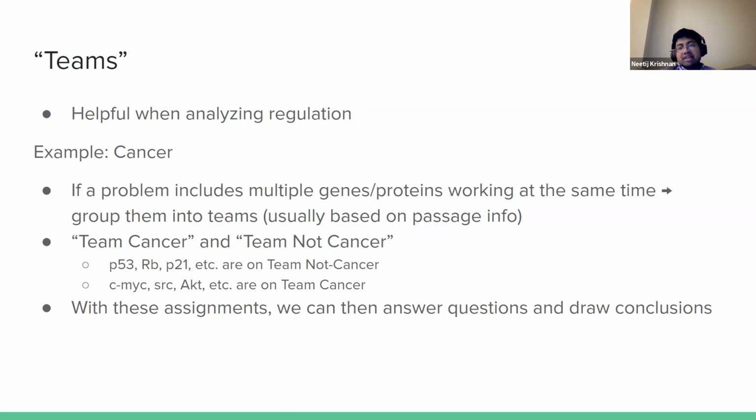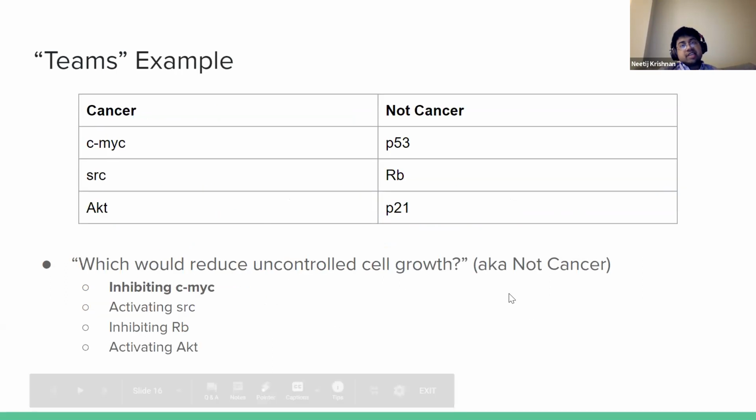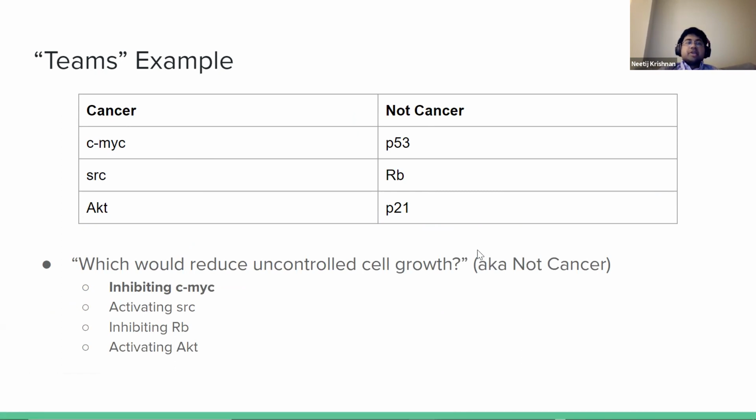Now with these assignments to these groups, we can then answer questions and draw conclusions. So for example, which of the following would reduce uncontrolled cell growth? We can first understand that just means not cancer. So you're looking for an effect that is on team not cancer.